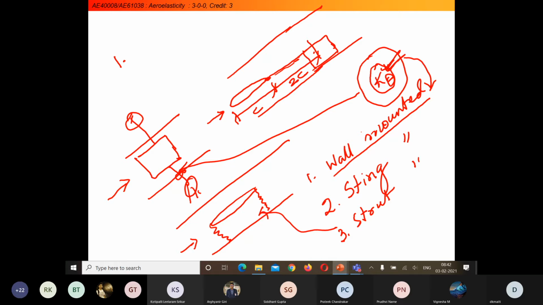So there are basically three mounting systems we have discussed here: the first is wall mounted, the second is sting mounted, and the third is strut mounted.